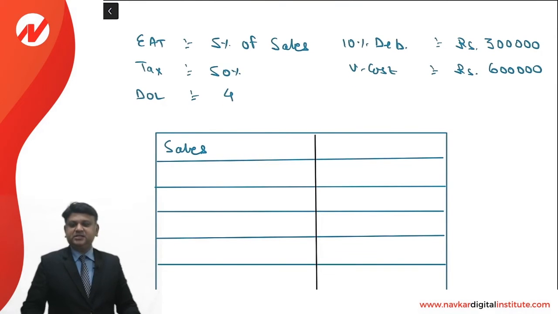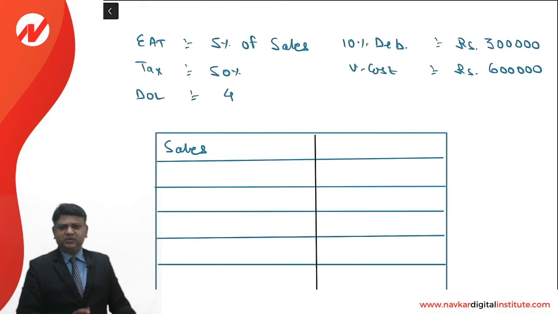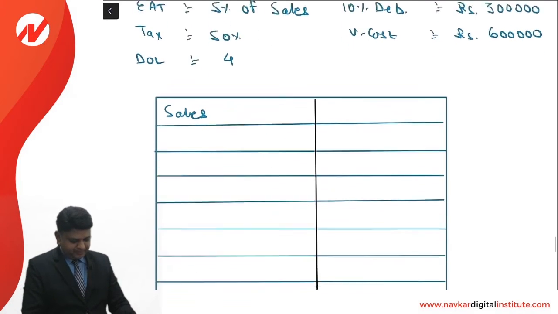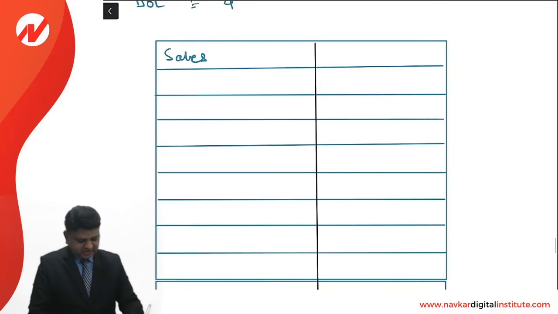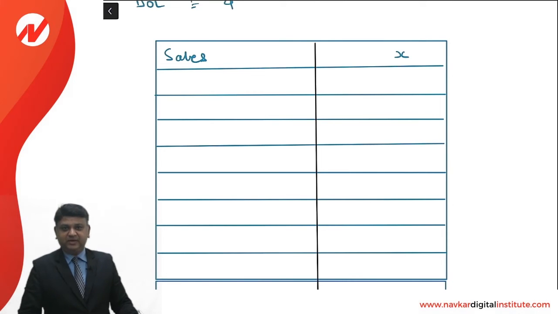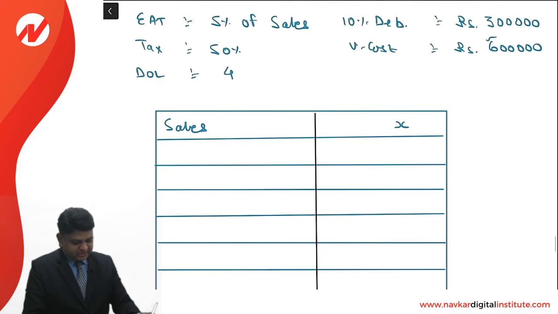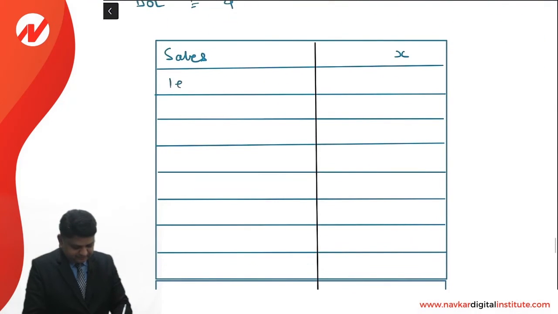Earning after taxes is given as 5% of the sales. What is sales we do not know. So let us assume that the sales is an amount of rupees X. So earning after taxes will be 0.05x. Variable cost is given to us in the question. It is an amount of 6 lakhs.